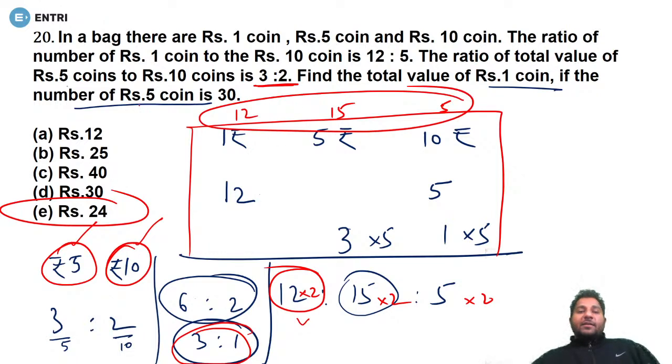In the final part, it has been given that the number of 5 rupee coins was 30. So we equate it with 15. That means one ratio unit is 2. Then after multiplying by 2, whether we are talking about 1 rupee, 5 rupee or 10 rupee coins, we can find any of the number of coins. In fact, we can find the value as well. Had they asked about the value, we would have multiplied by 5 for the 30 coins. Okay, so we'll get the final value.